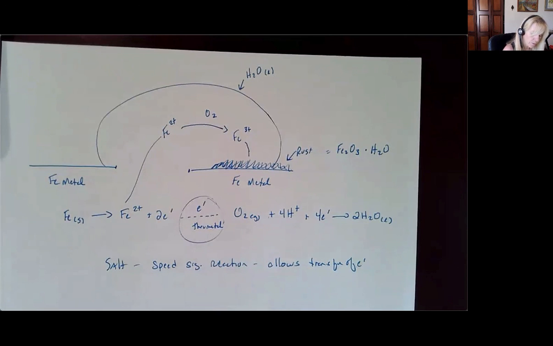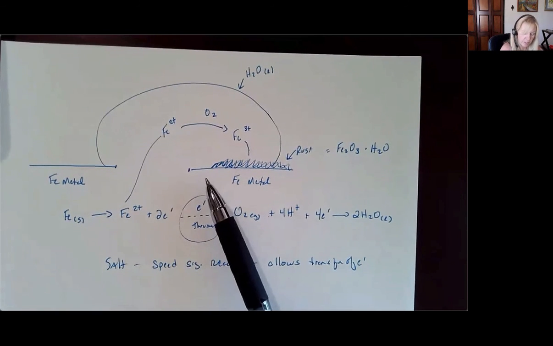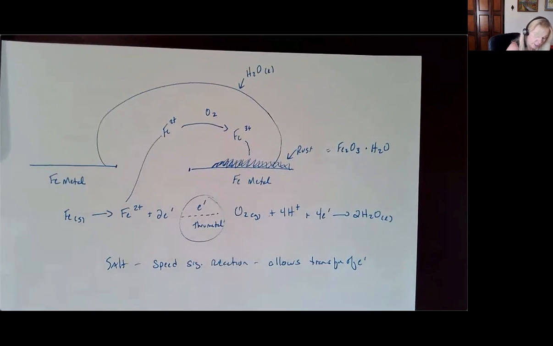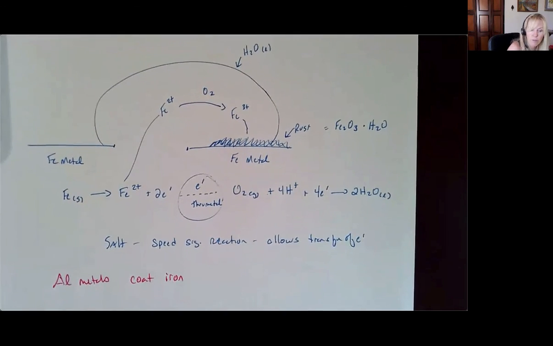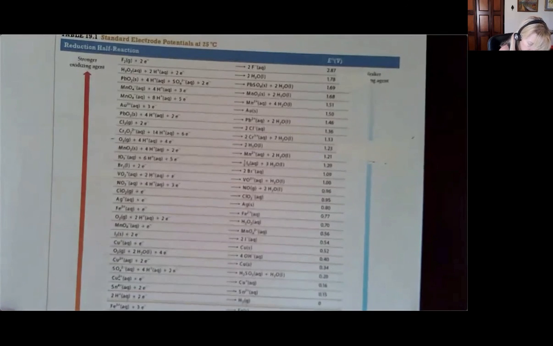A lot of times, if they want iron not to be able to undergo corrosion, you might coat it with something. So oftentimes aluminum metal is used to coat iron because aluminum will preferentially undergo oxidation over iron because it's lower in the list. So I see aluminum here and iron is here.